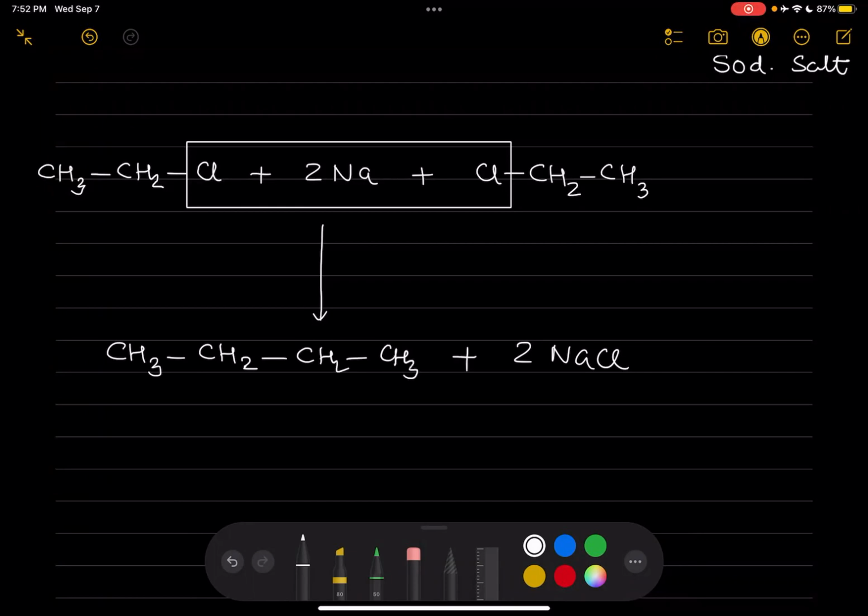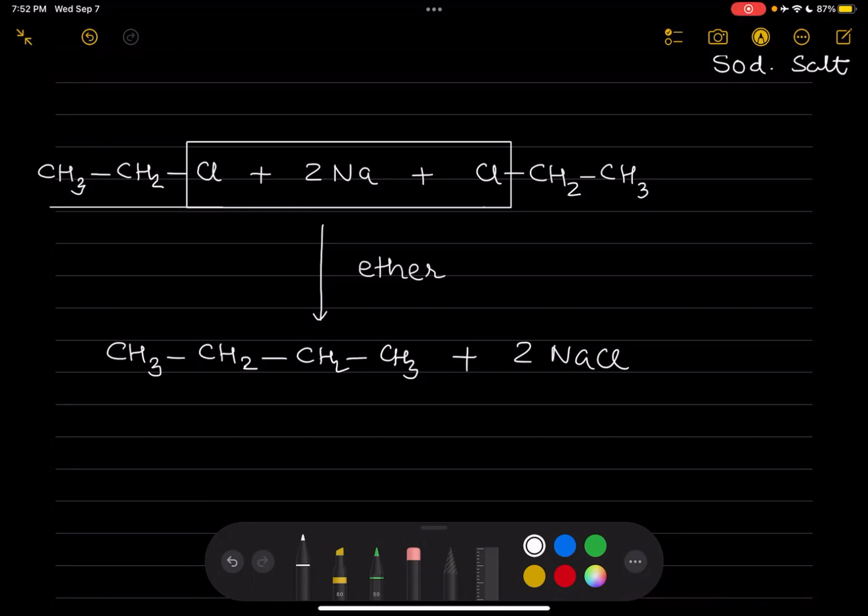Is it clear? Zain, Imad, Ryan, Anushka. Yes, can you just explain that again? Yeah. What you do is you take alkyl halide.